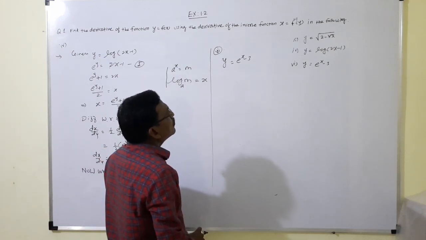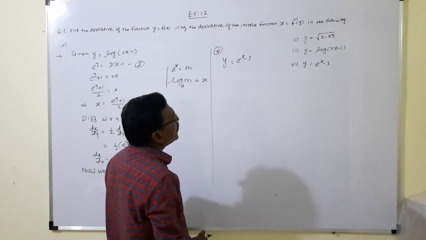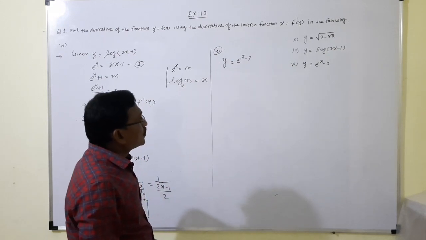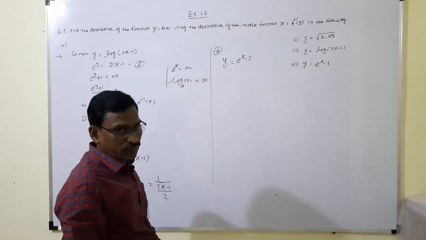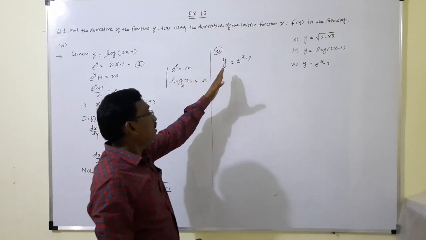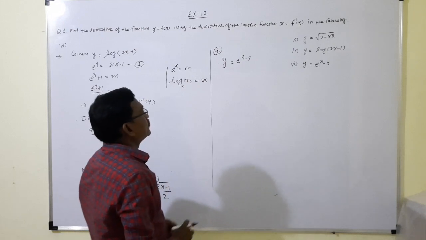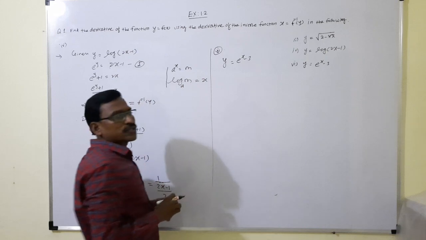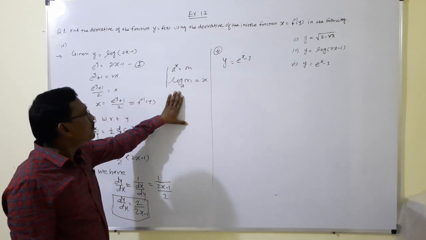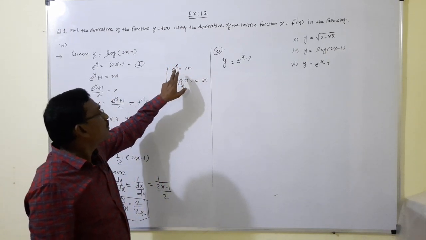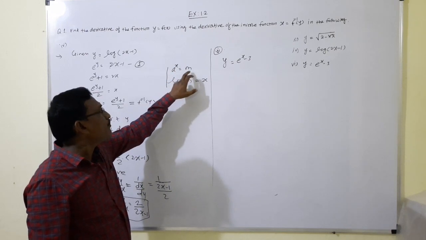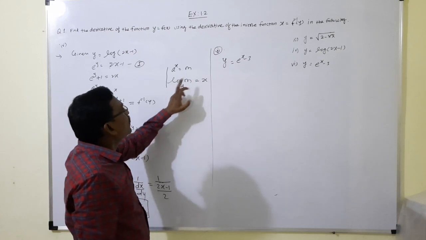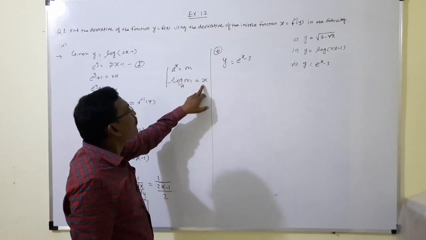Here our function is in exponential form. Again we convert it into logarithmic form because we take its inverse function. So again, by using this definition of logarithm, whenever a raised to x equal to m, then its logarithmic form is log m to the base e equal to x.